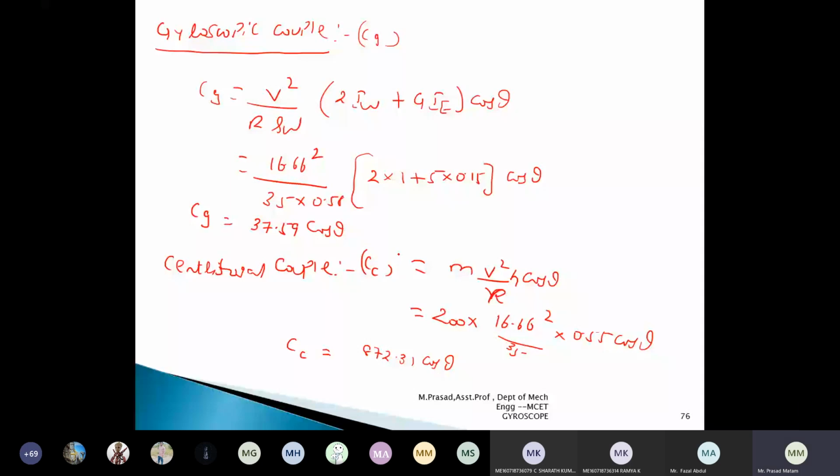Or we can do it again. Find the gyroscopic couple due to wheels, CW, 2 into I omega omega P. Similarly, gyroscopic couple due to engine, IE omega E and omega P. Try to solve this.